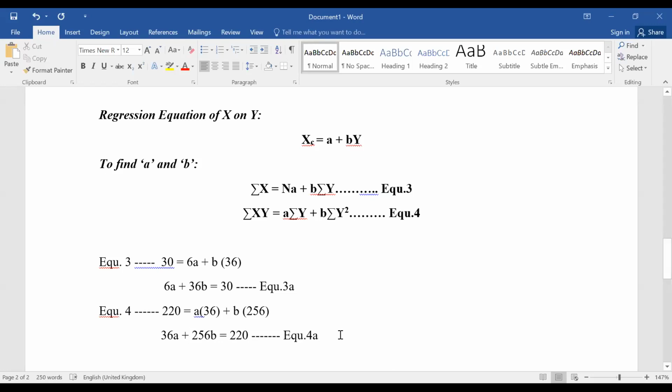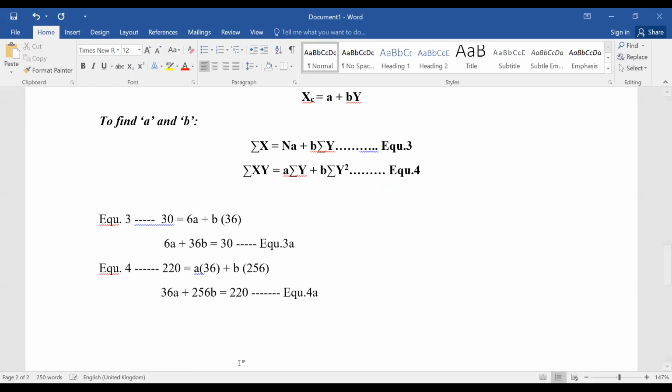Now what we can do? We can cancel a first, because equation 3a can be multiplied by 6, so that you will get 36a plus, what is 36 into 36?